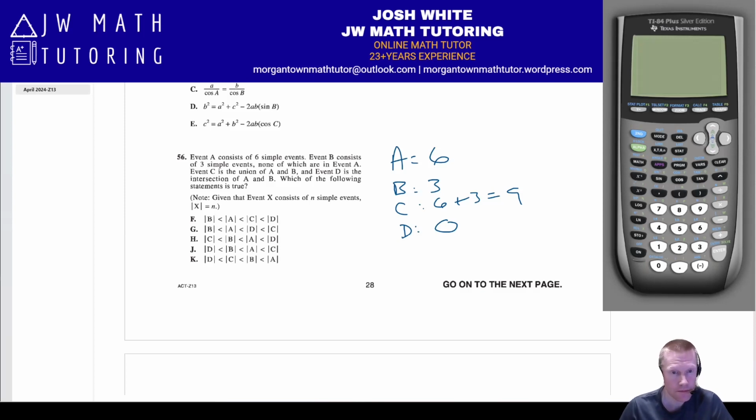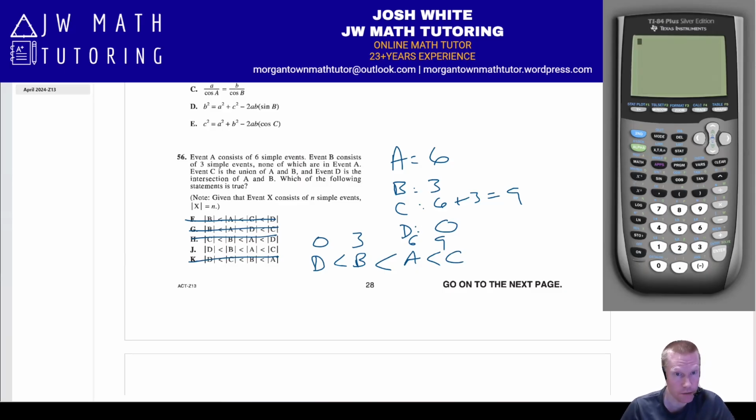So starting off, D is the smallest because you have 0, then less than B, which has 3, then less than A, which has 6, and less than C, which has 9. So again, 0, 3, 6, 9. Looking at our answer choices, the correct answer for this one should be letter J.